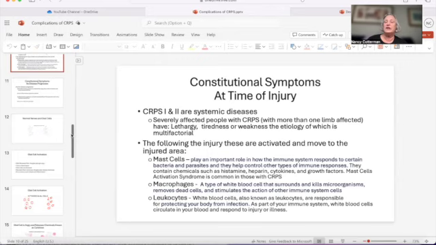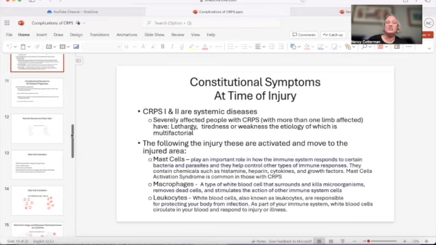Following the injury, mast cells are activated and move into the injured area. Mast cells play an important role in how the immune system responds to certain bacteria and parasites, and they help to control other types of immune response. They contain chemicals such as histamine, heparin, cytokines, and growth factors.